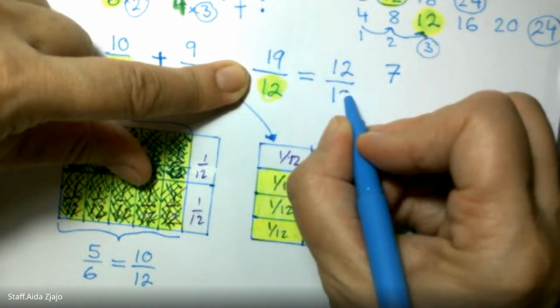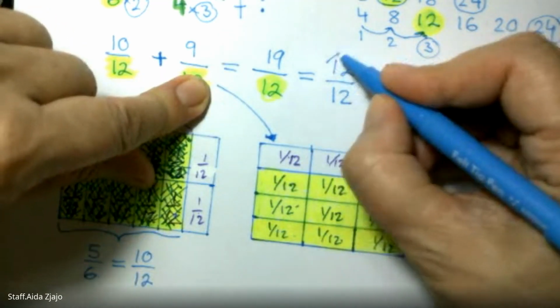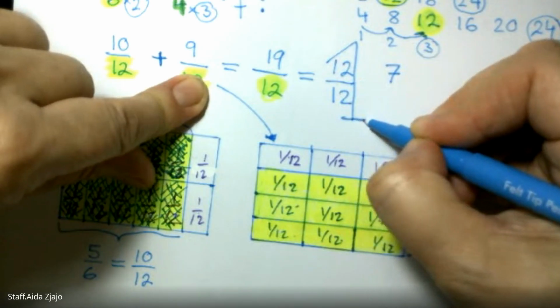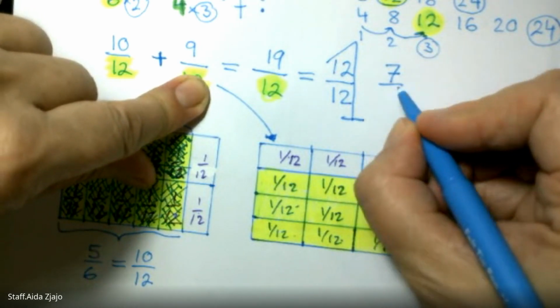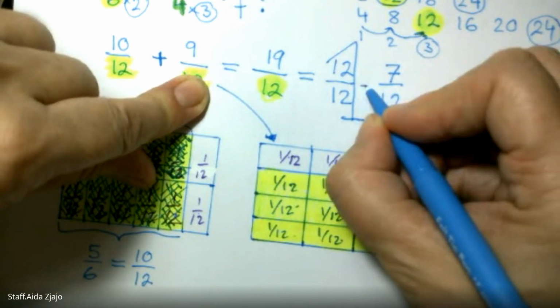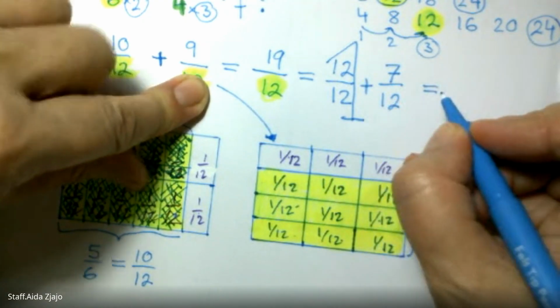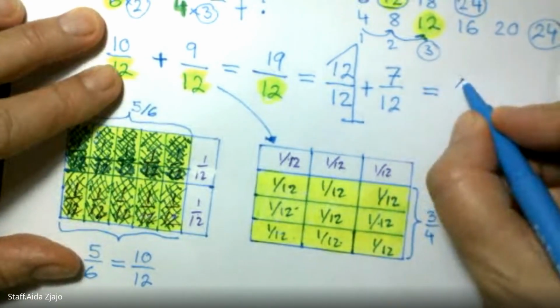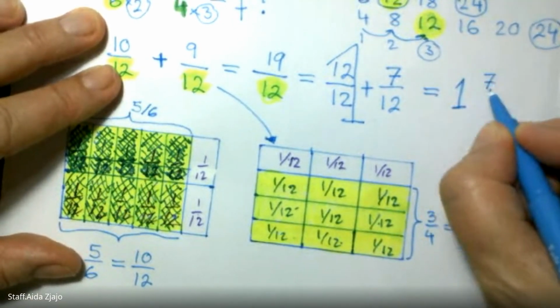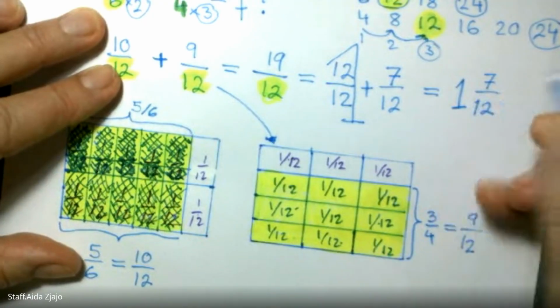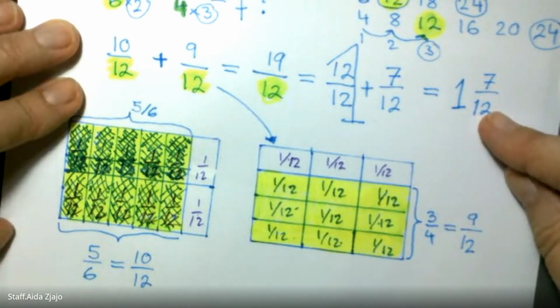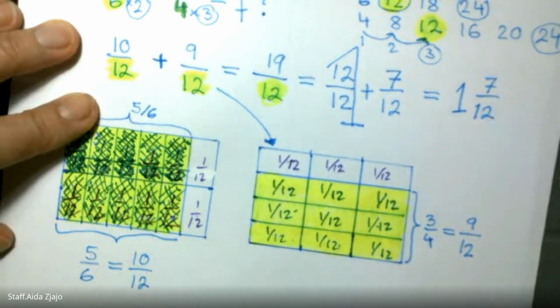So 12 twelfths will make me a whole, and 7 twelfths will be left over. So the final answer would be 1 whole and 7 twelfths of the next container.